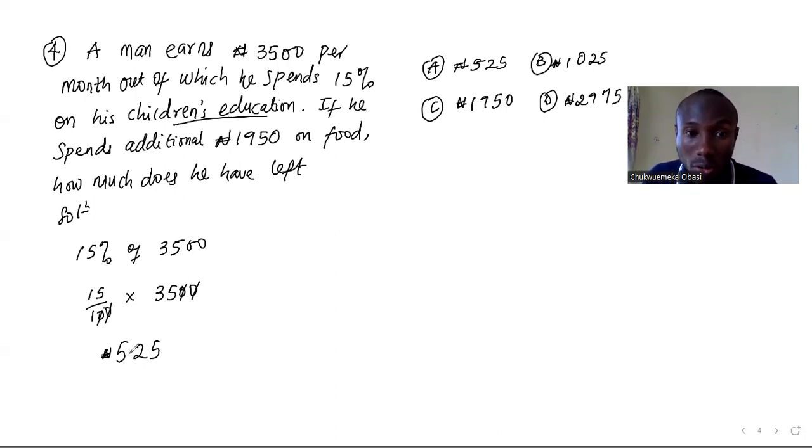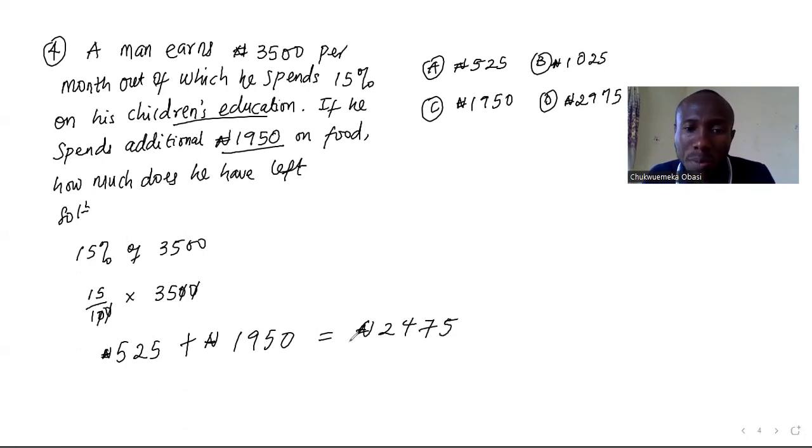So he spent this amount on the children's education, and also he spent 1,950 naira on food. So when you sum all these together, what do we get? We'll add it up to 1,950. We'll get 2,475 naira.